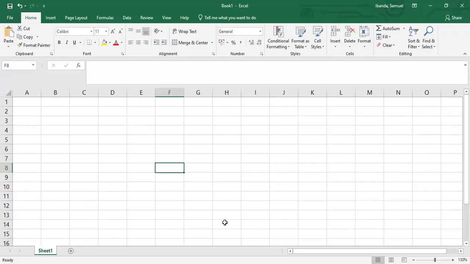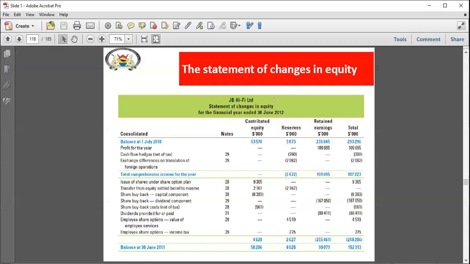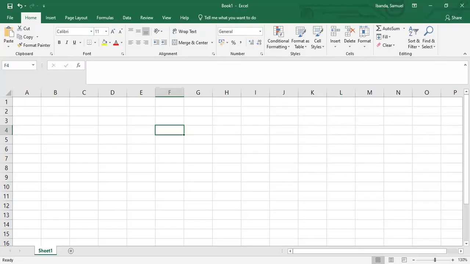So I'm going to draw up my statement of changes in equity. Like I told you, the question determines the columns we have. Remember our format here. That is exactly what we are going to have here. So this company is called JDCL.